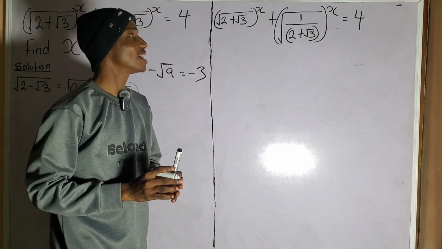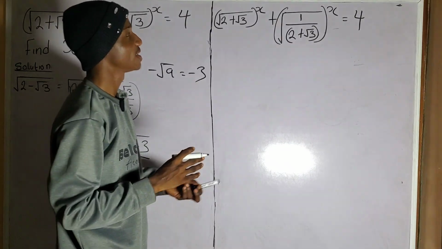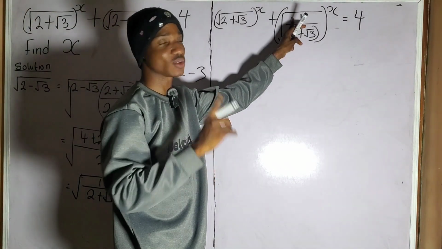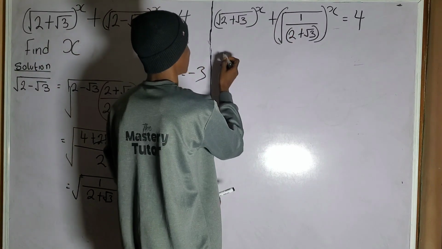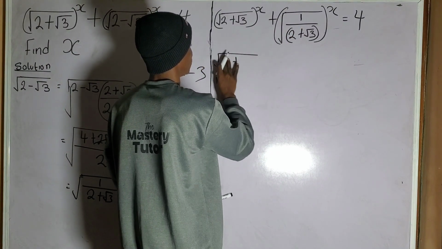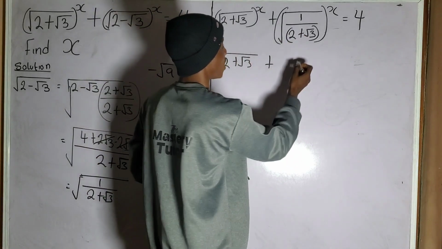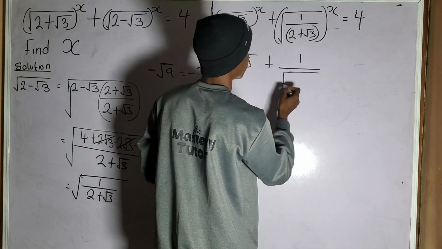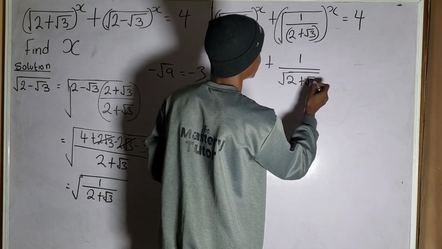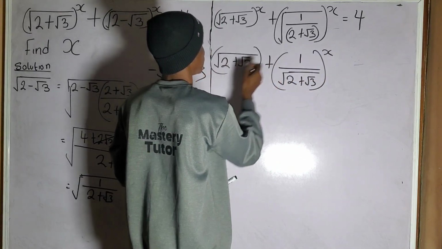Now, the next step here is that you're going to let square root of 1 be what? 1, right? So this can be written as square root of 2 plus root 3 plus square root of 1, which is 1, over square root of 2 plus root 3, right? All this raised to the power of x, and this also raised to the power of x.